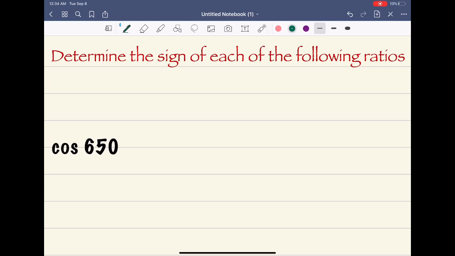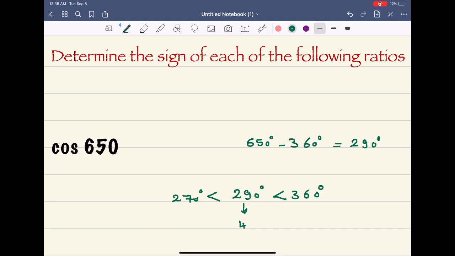Then we have to subtract 360 from 650. 650 degrees minus 360 degrees equals 290 degrees. 290 degrees is more than 270 degrees and less than 360 degrees. Then this angle is in the fourth quadrant, and we know that in the fourth quadrant cosine is positive. Then this sign is positive.